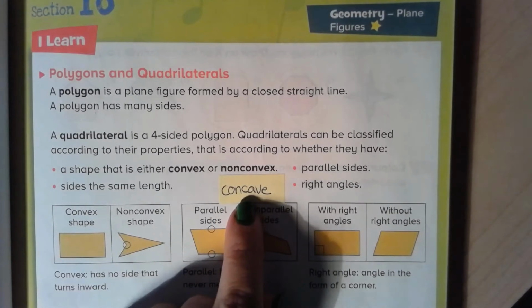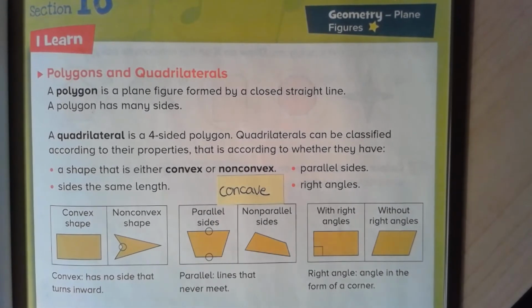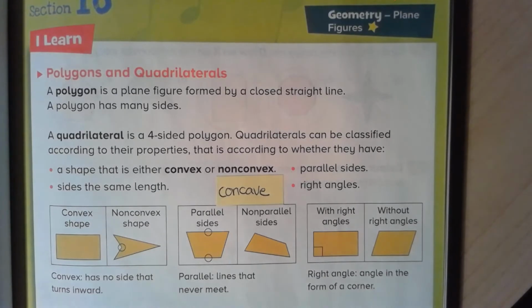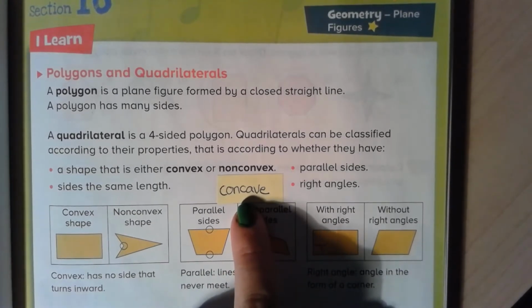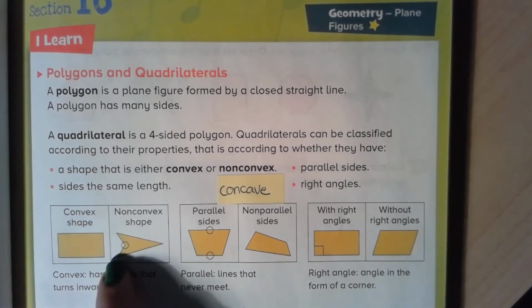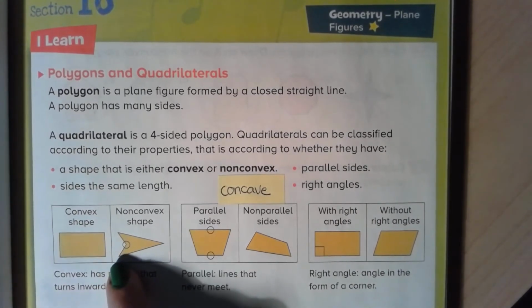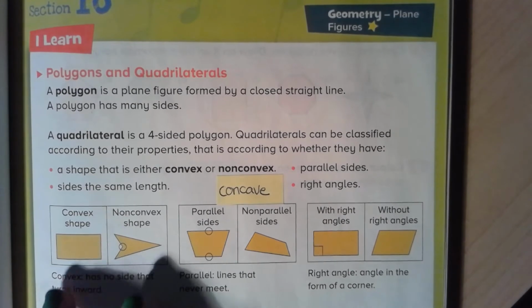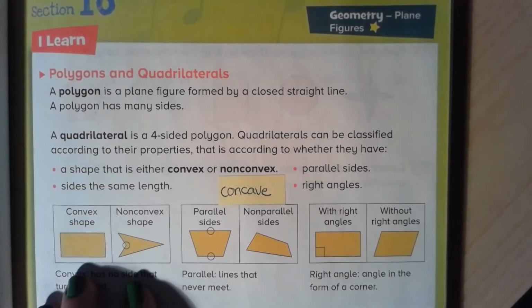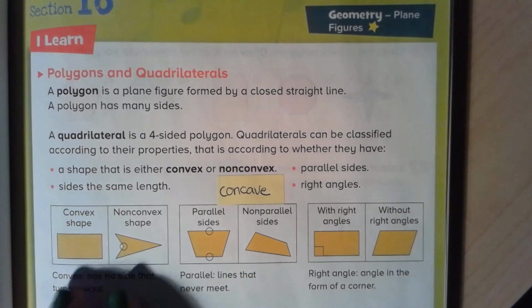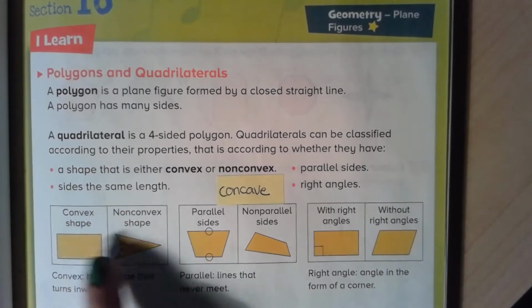The word non-convex, I've heard it called concave before, and I really like the word concave better because it reminds me of a cave, and a cave has an opening that you go inside of. So the word convex and concave or non-convex, here's examples.